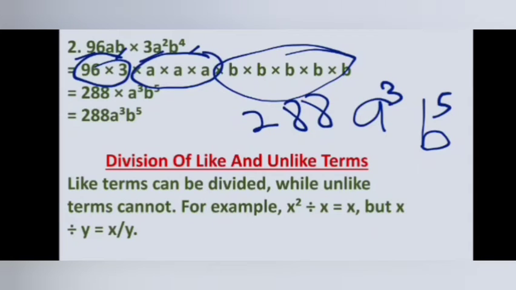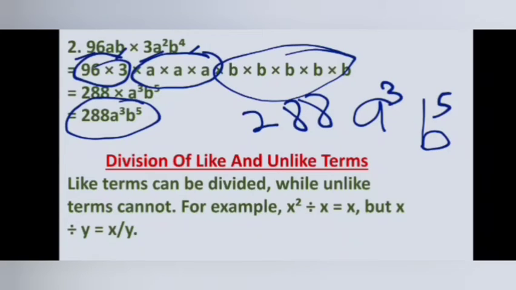So when you combine them, a raised to power 3, then b raised to power 5, you're going to have this as our answer. Very simple. I'm sure that was easy for you to get.